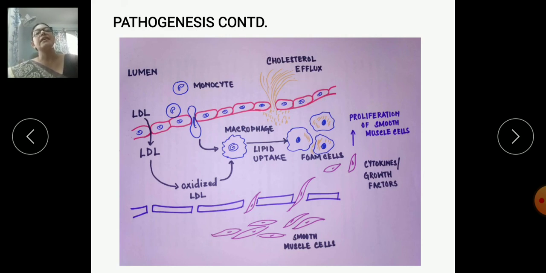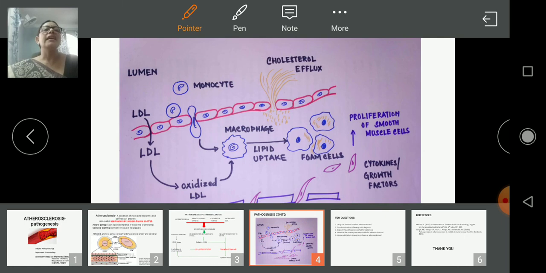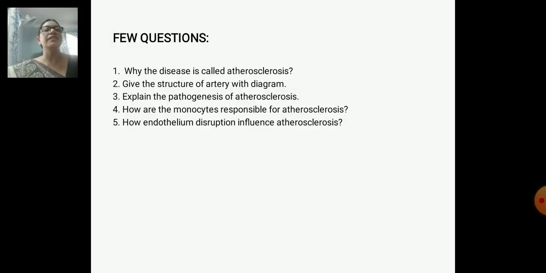As a result, the blood flow and the oxygen supply reduces. As a result, that leads to either heart attack or stroke. So this was about the pathogenesis of atherosclerosis.